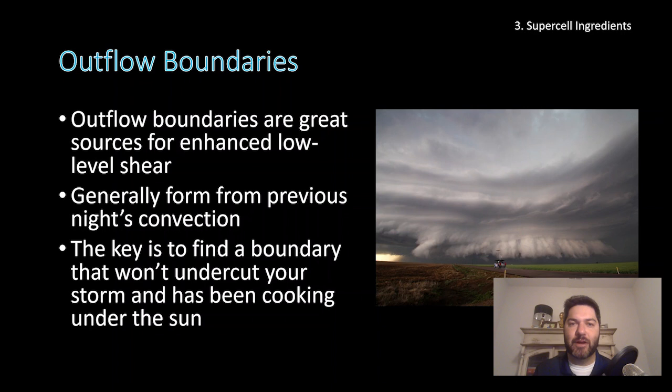And then at some point, that stalls. Hopefully, it stalls in the case where you want tornadoes, and then in the best cases where you have tornadoes, it begins to sort of warm or cook under the sun, and it doesn't undercut your storm. And so those are the type of boundaries we look for when we're interested in knowing where a tornado might form.